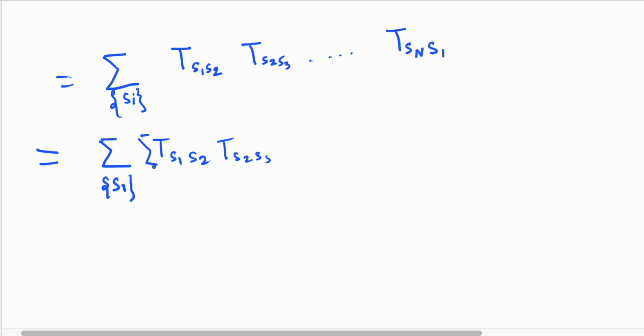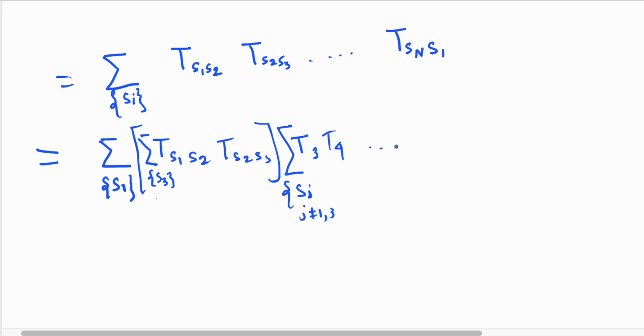Now we can use the summation over all possible values of S3, and then there are also other summations, over all the j not equal to 1 and 3. So this will be T(S3,S4) and so on up to T(S_n,S1).